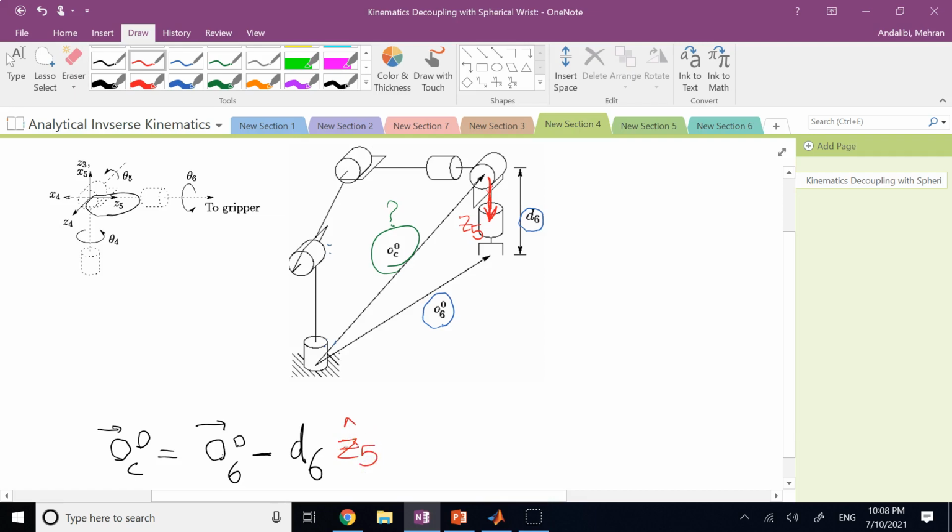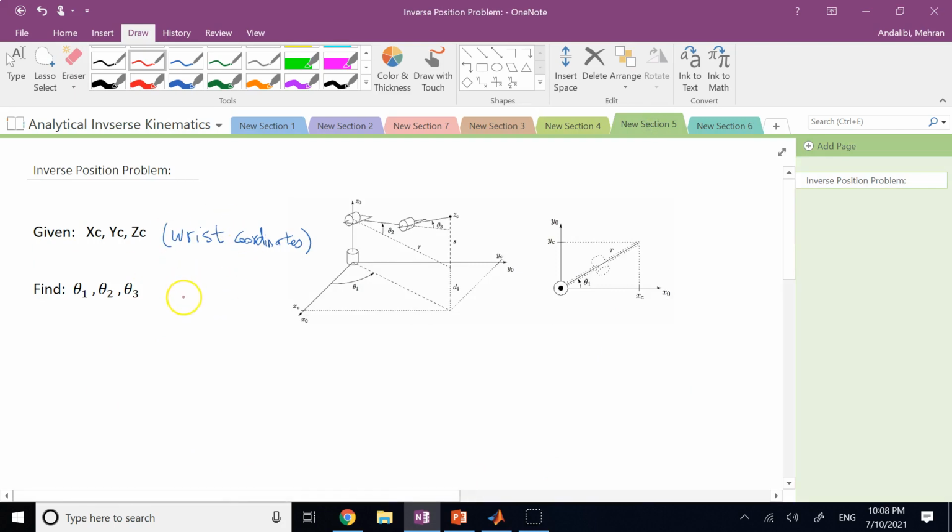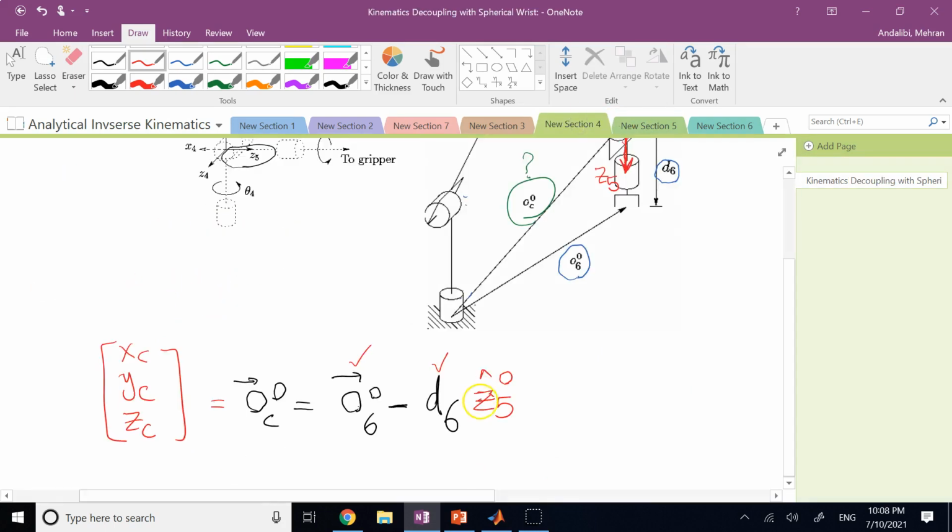So if I knew what Z5 is, if I could write this vector Z5 in frame 0, that's it. Because this is a part of the geometry, this one is given to me, and this one, if I can somehow find, it's over. I can get the position of the wrist with respect to frame 0, and this guy I call X of C, Y of C, and Z of C that I need in that next picture here. So how do I get Z5?